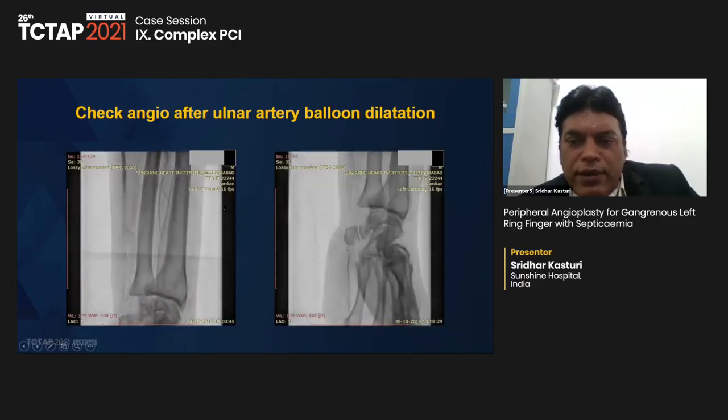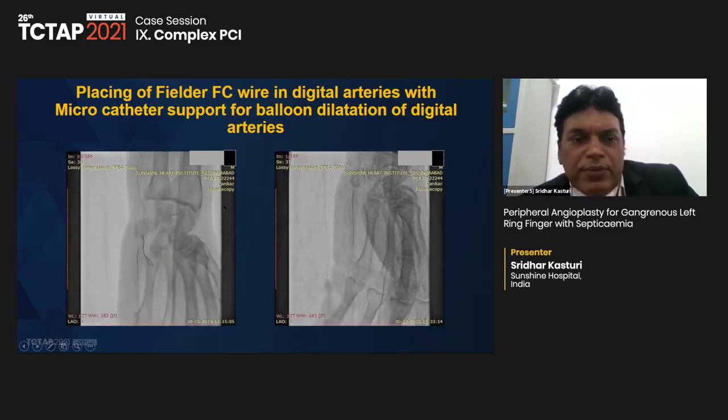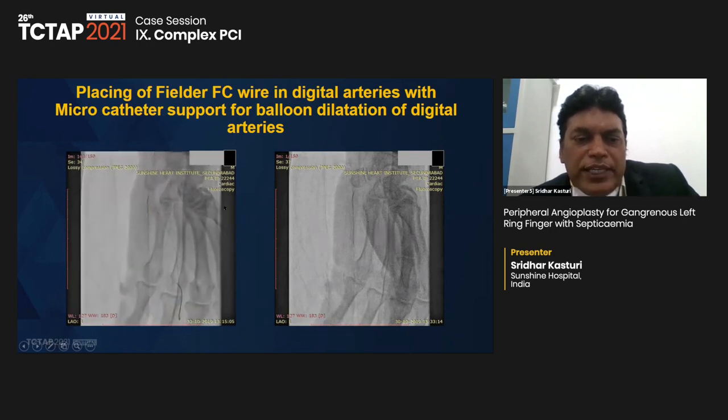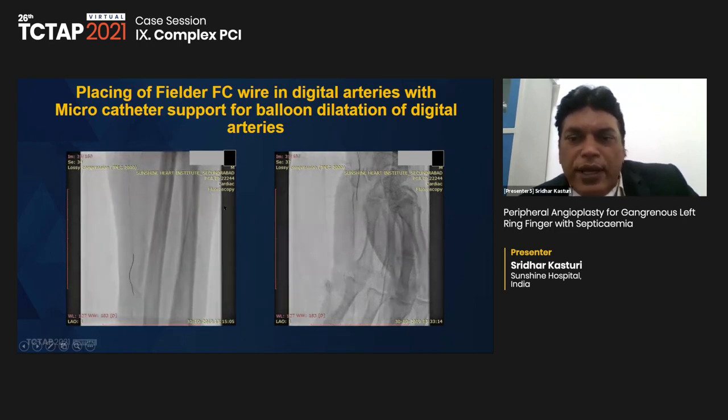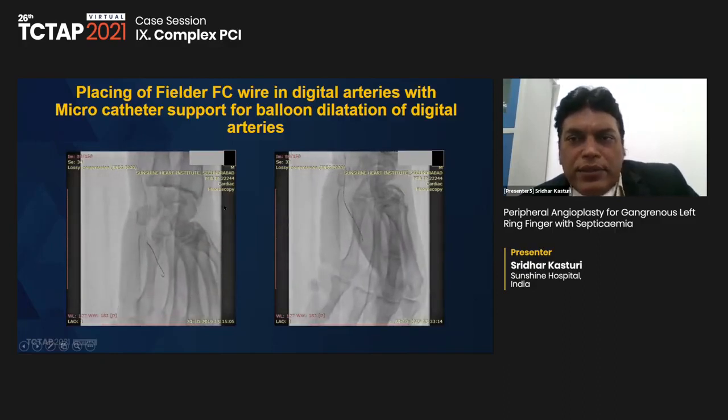Still, we did one more dilatation, placing the Fielder FC into the distal arteries with microcatheter support. You can see the wire is placed in the distal arteries, and we carried out multiple dilatations.